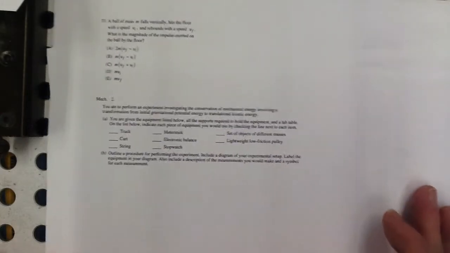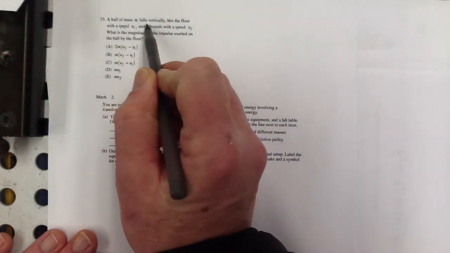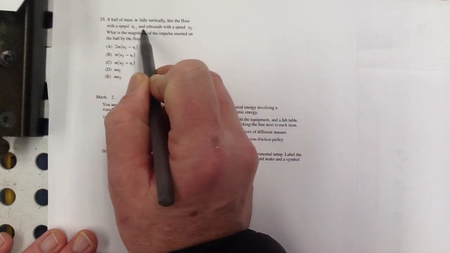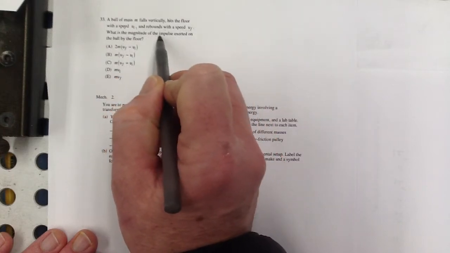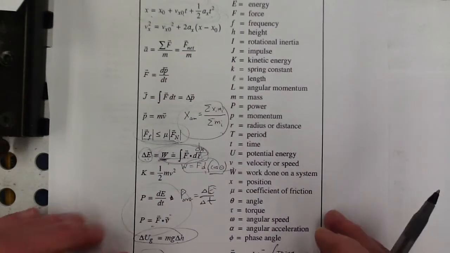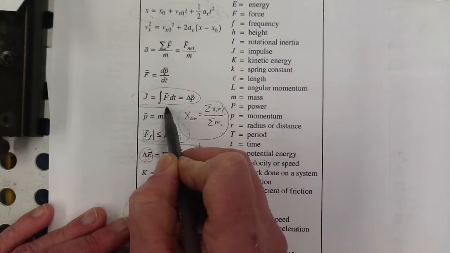And last multiple choice: a ball of mass m falls vertically, hits the floor with a speed v sub I, and rebounds with a speed v sub f. What's the magnitude of the impulse exerted on the ball by the floor? I don't know if we really looked at the impulse and momentum stuff here. So there it is.